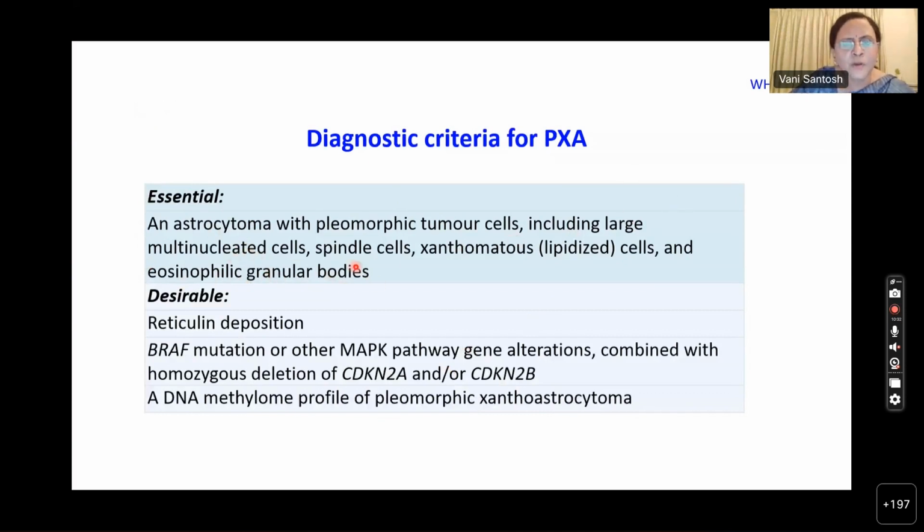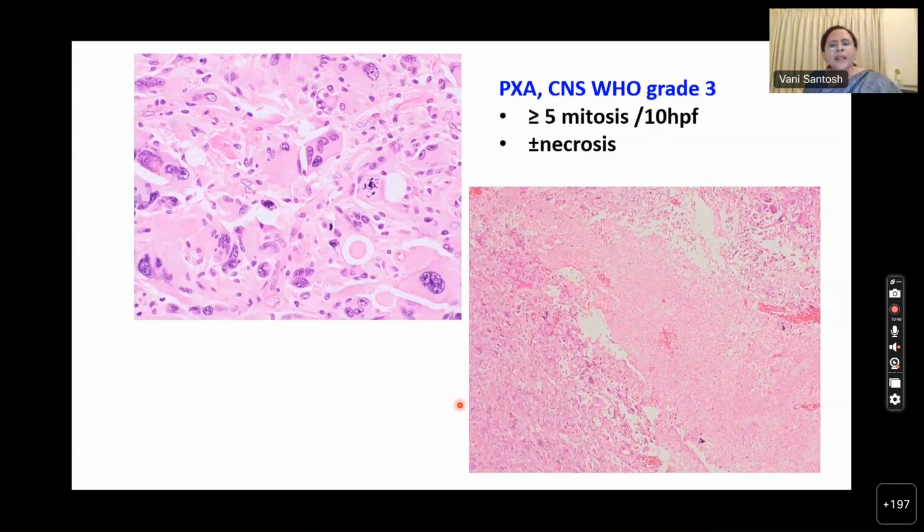It's an astrocytoma with pleomorphic tumor cells, including large multinucleated cells, spindle-shaped cells, xanthomatous cells, and eosinophilic granular bodies. And all others, including reticulin, BRAF, CDKN2A/B, DNA methylation profile, everything is a desirable criterion. And a grade 3 tumor has high mitosis.